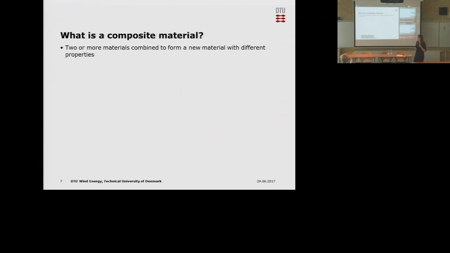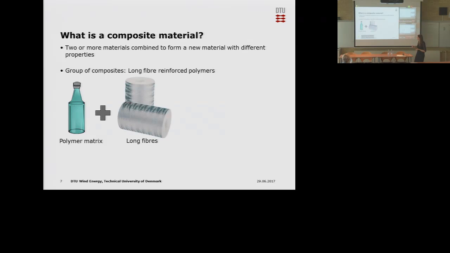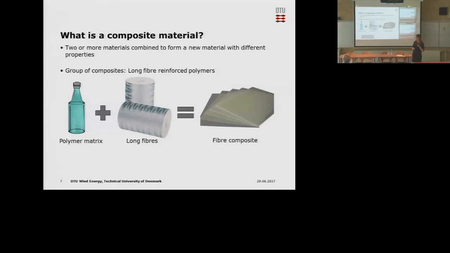I've mentioned these fiber composites a few times, but what is a composite material actually? Simply stated, it's combining 2 or more different materials into a new material with a set of interesting properties that can be useful. A group of composites is the long fiber reinforced polymers, as I'm considering in my project, combining a polymer matrix, for example epoxy, polyester or vinyl ester, with long fibers that can be glass or carbon or other things, to form a fiber composite which is generally strong, stiff and tough, and usually relatively lightweight.